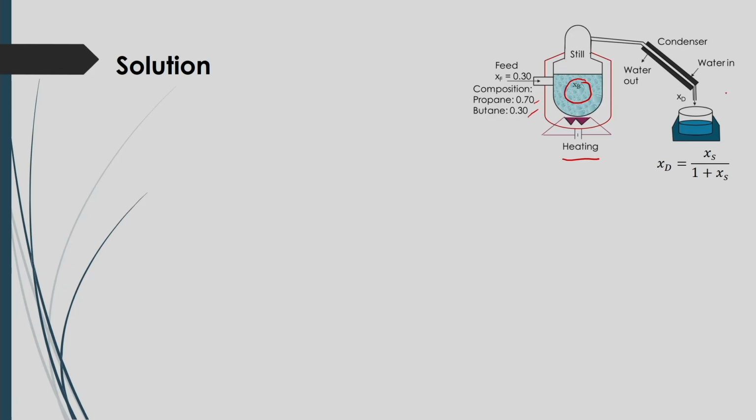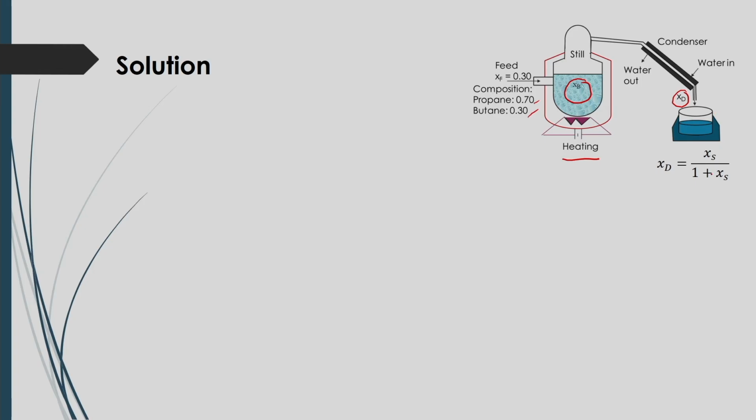Now, whatever distillate comes out of the still as a vapor is then condensed and taken as some amount D, where the butane concentration in that distillate is xd.